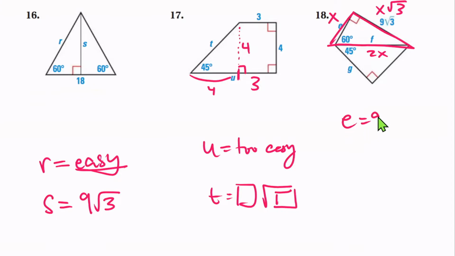So E could be 9, and then F, well, what did we learn? That's just double, so that's 18. So that's a shortcut way to do that. Now that F is 18, G is now part of a 45, 45, 90, where you'd have to show your work, and G should come out to be similar to T. It'll be a number times a square root. That's as simplified as you can make it.